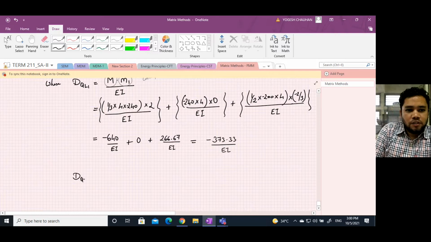Now similarly, DQ L2 will be capital M times small m2 divided by EI.